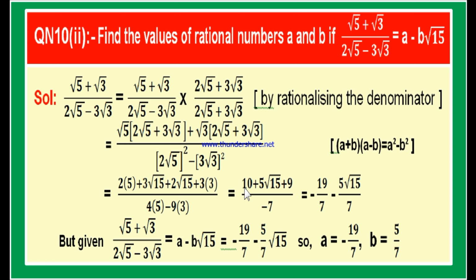Understood? Therefore, this is equal to 10 plus 9, which is 19, plus 5√15, by −7.